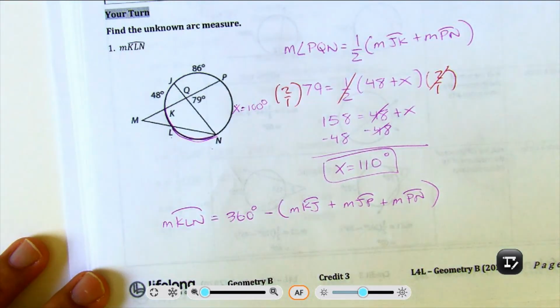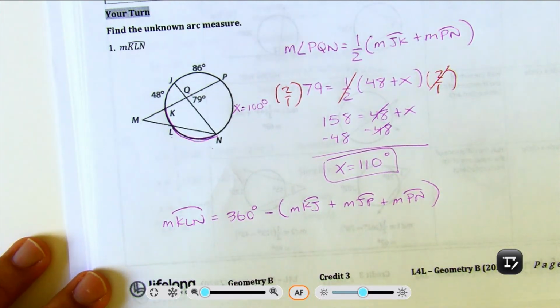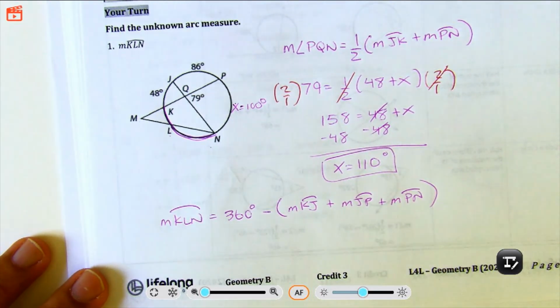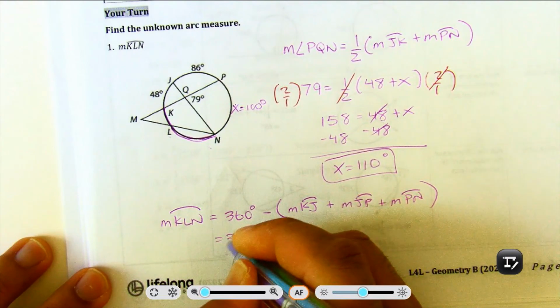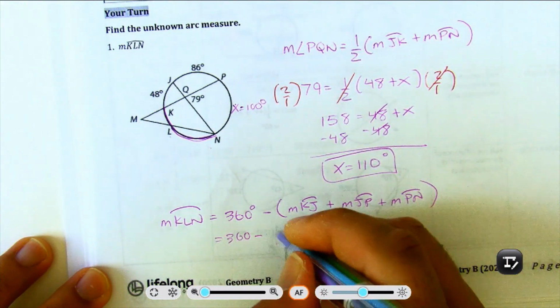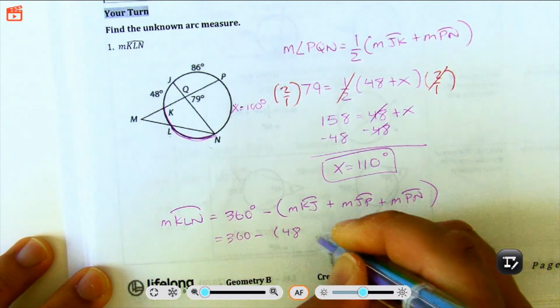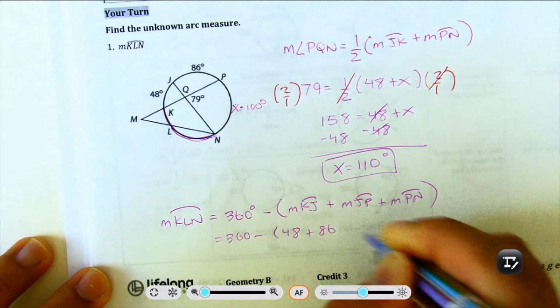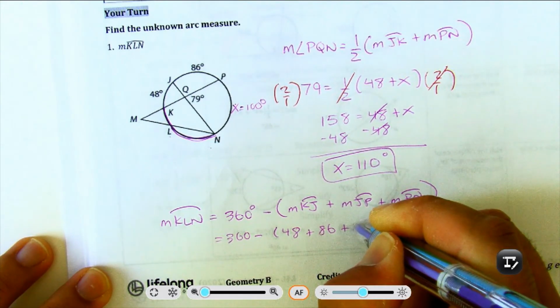So we have 360 minus 48 plus 86 plus, sorry, this is supposed to be 110 plus 110.